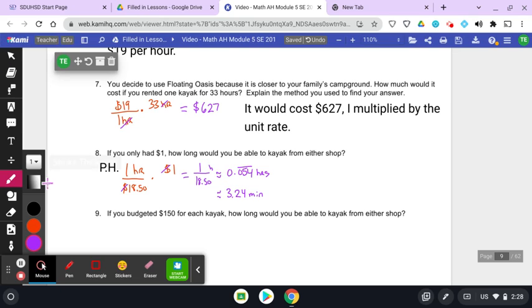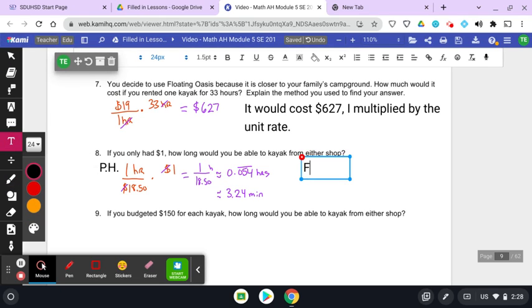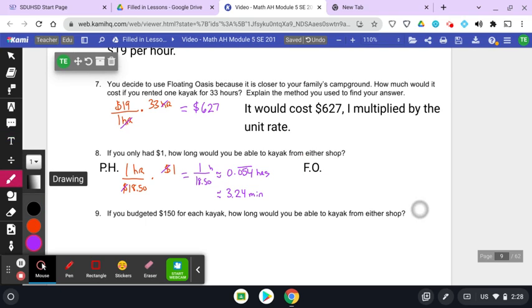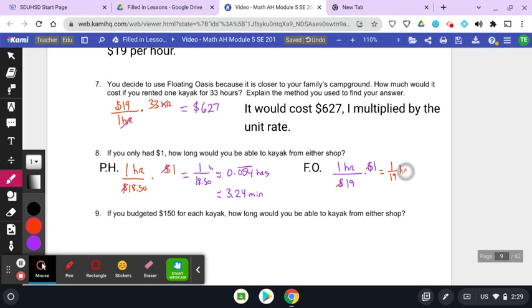Okay, then I've got to go to my other shop, Floating Oasis. Again, I want to end up with my hours on top, so I need to start with my hours on top. They charge for 1 hour $19. So if you have $1, the dollars are going to cancel out. You are going to have 1/19 of an hour. Not really helping me.